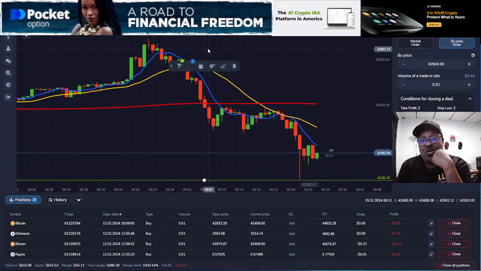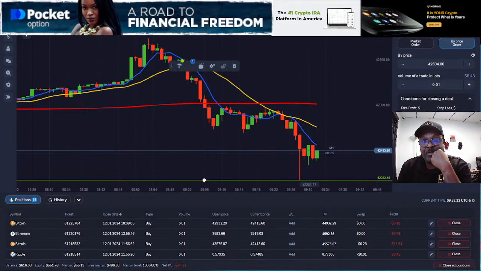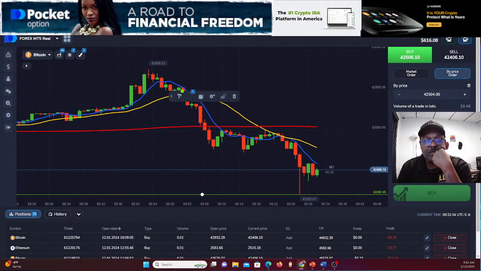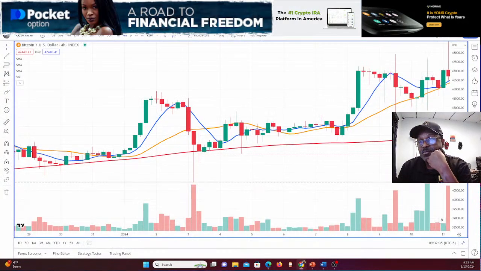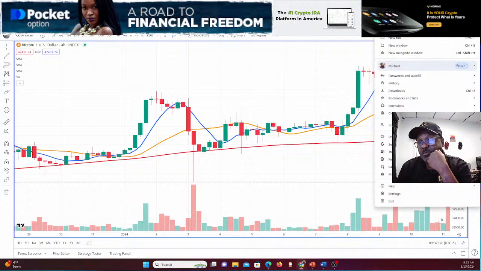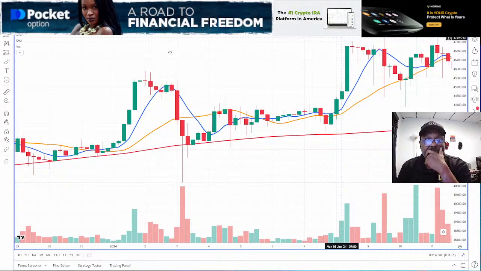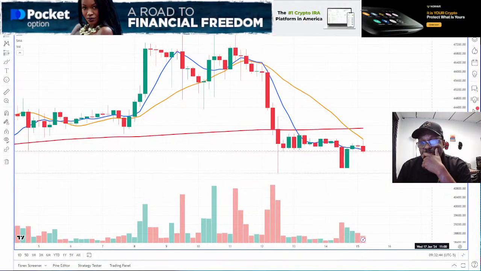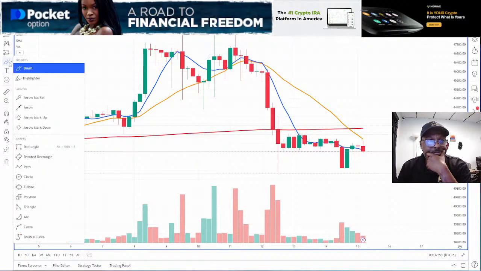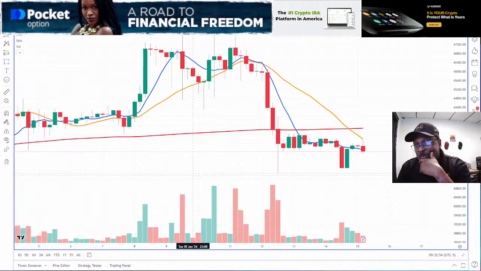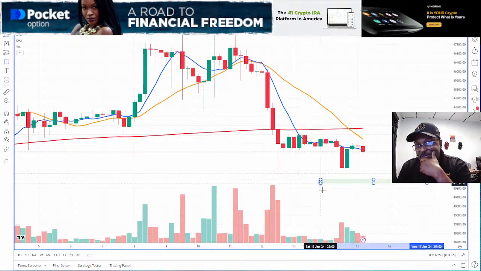I'm going to show you what's expected. Let me show you what's expected. We're expected to be down here in this zone. Let me draw a box. We're expected to be in this zone here.